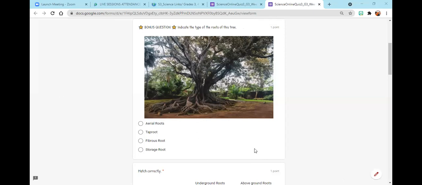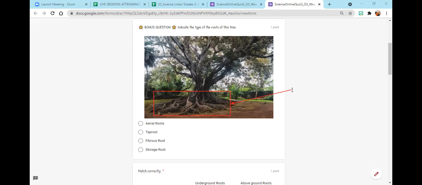Miss, these are aerial roots. Yes, because the roots are above. Excellent job. I put aerial roots and they gave me 0 out of 1. So look at the roots. The roots are growing above the ground.